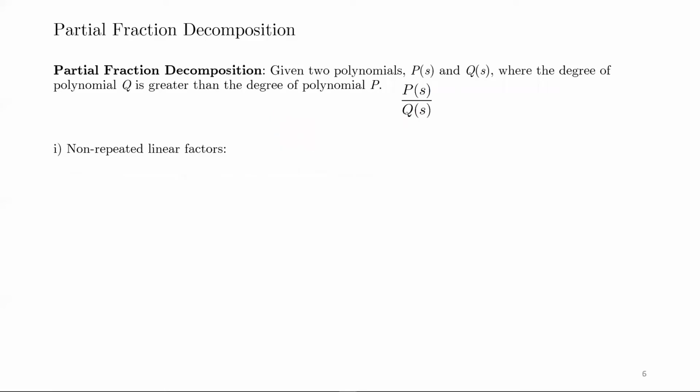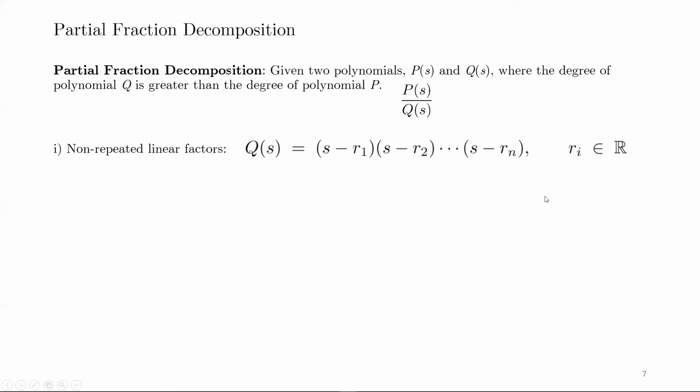Focusing firstly on non-repeated linear factors, that means we can write q like this: s is the variable, so s minus some number r1 multiplied by s minus some number r2. If we have an nth degree polynomial, then we have n of these terms, up to s minus rn. The r sub i's are all real constants.